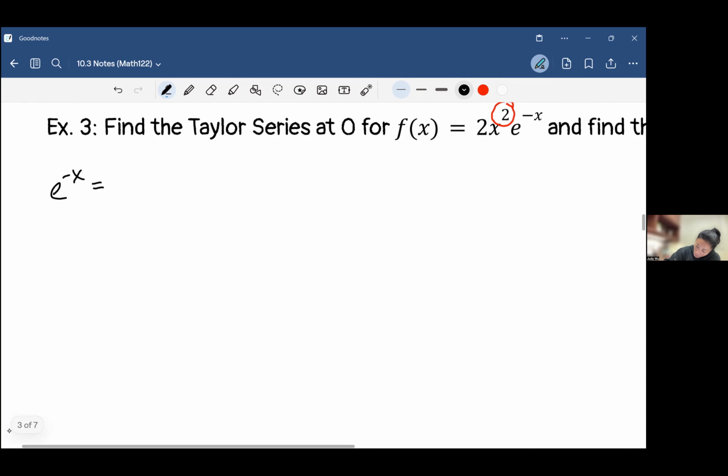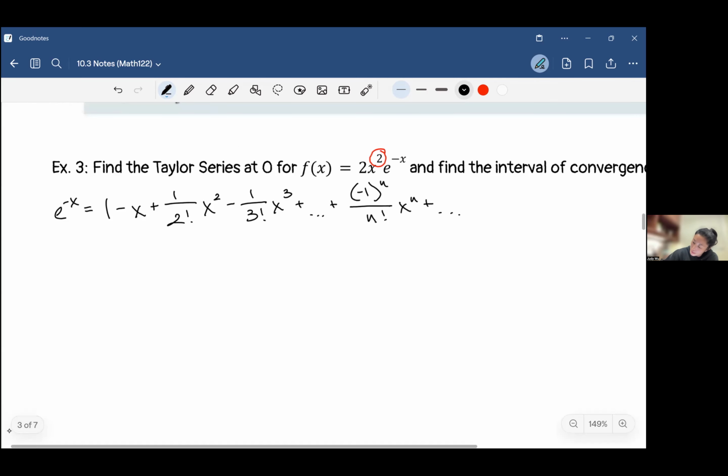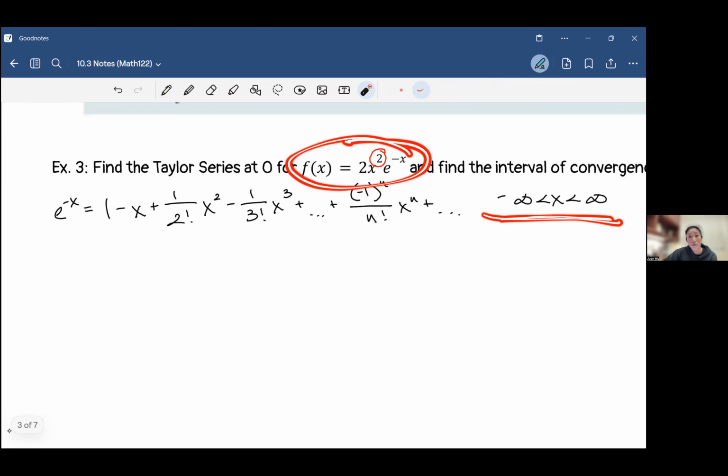We have 1 minus x plus 1 over 2 factorial x squared minus 1 over 3 factorial x to the third plus, and I keep adding until I get to -1 to the n over n factorial x to the n. Now this one has an interval of convergence everywhere from -infinity to +infinity. So my Taylor series for my f of x is going to also converge everywhere.